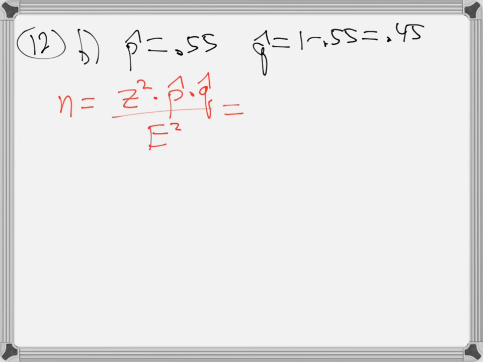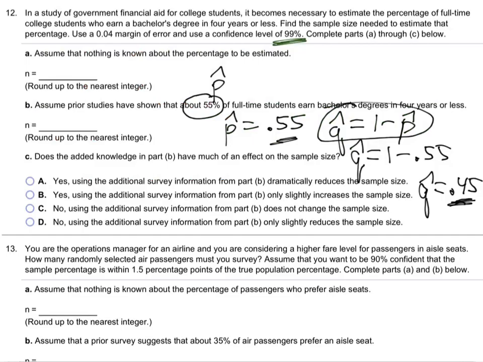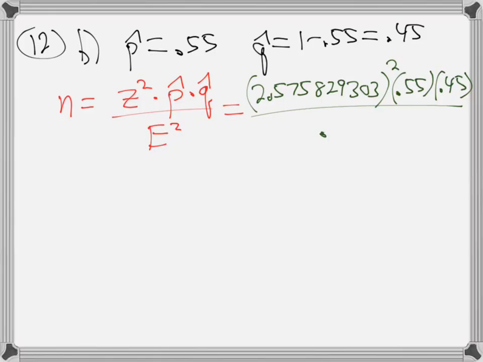So 99% is that big, long, crazy number, 2.575829303, squared, times P hat, 0.55, times Q hat, 0.45, over E squared. What was the error? 0.04. Squared, yeah, got to square it. Exactly. And then hit the buttons.